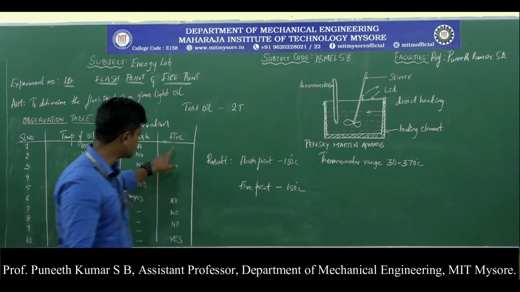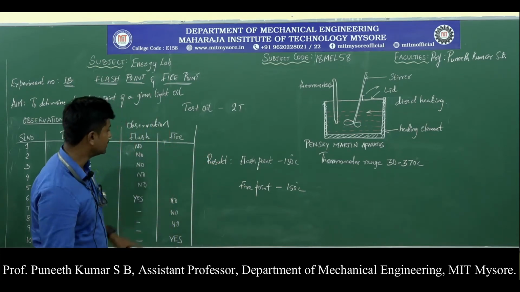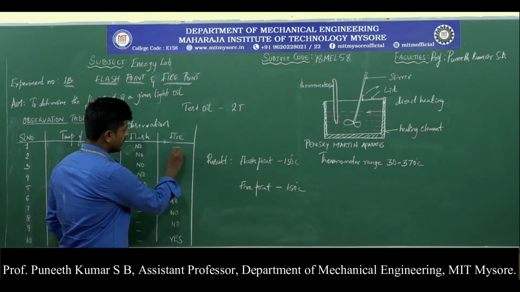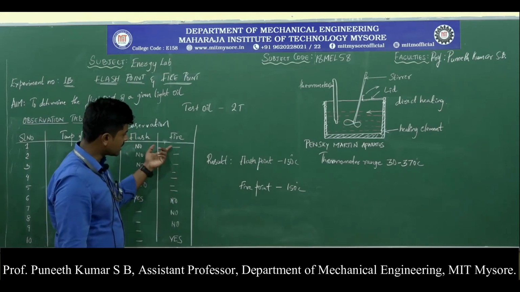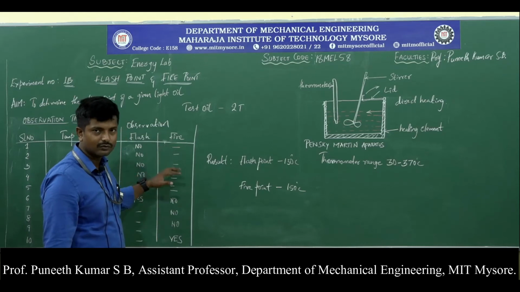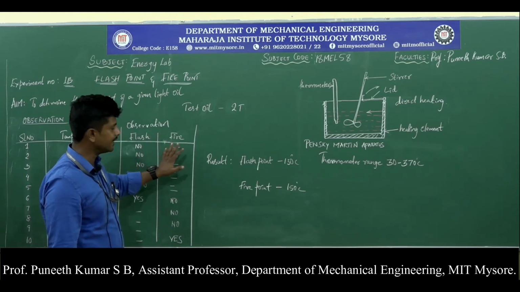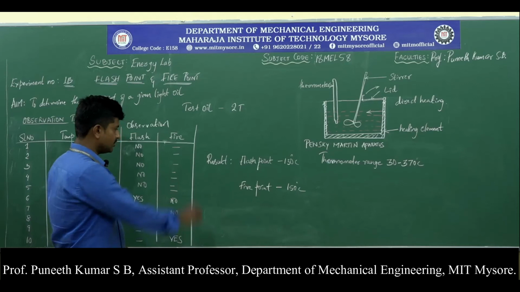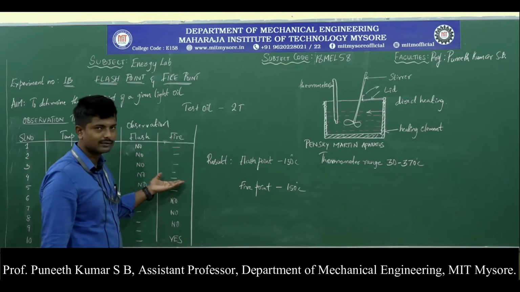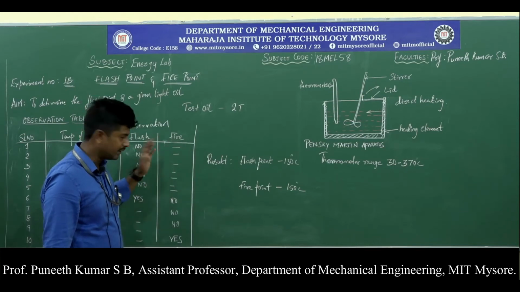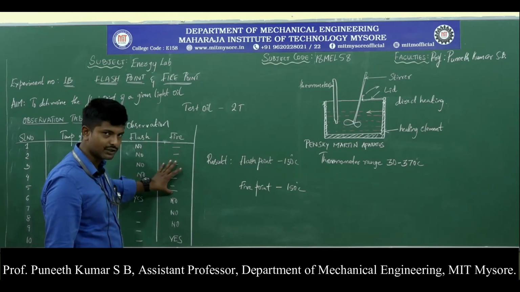So I have not filled anything over here, or I can just put dashes, because we are not supposed to write yes or no. Whether you write yes or no, it will have no meaning. I have just put a blank space so that it gives no meaning for this particular range.